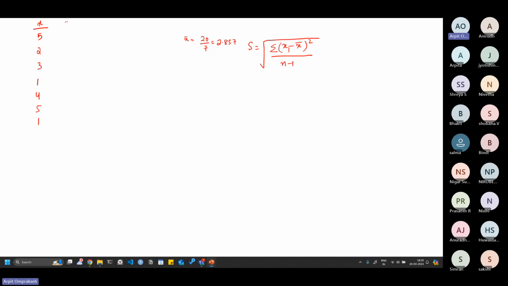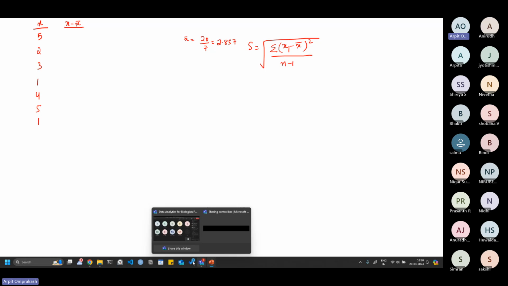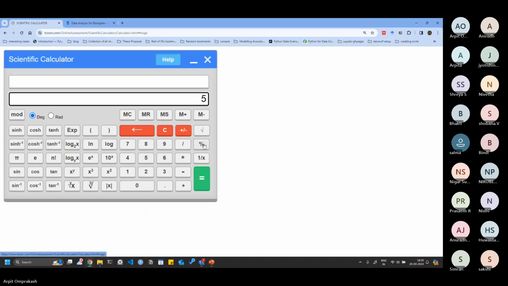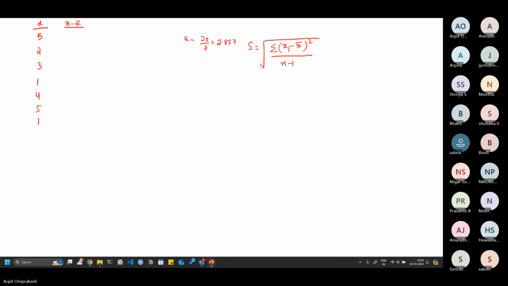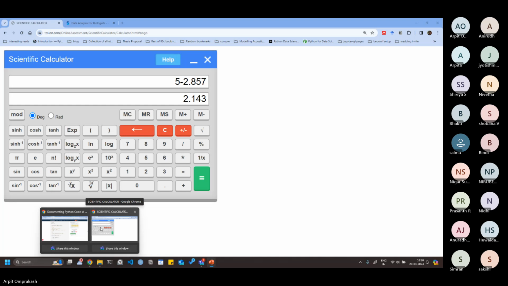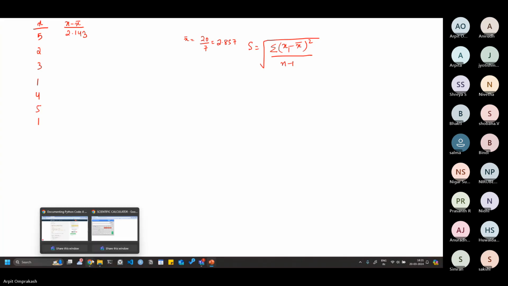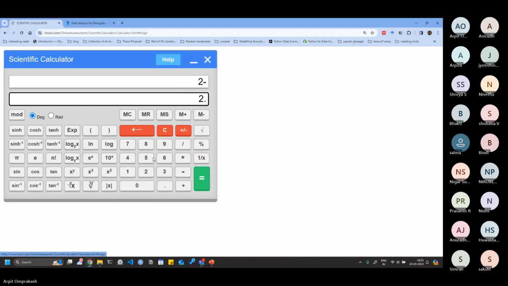Then what we need here is x minus x bar, right? So we just subtract 5 minus 2.857, 2.143.